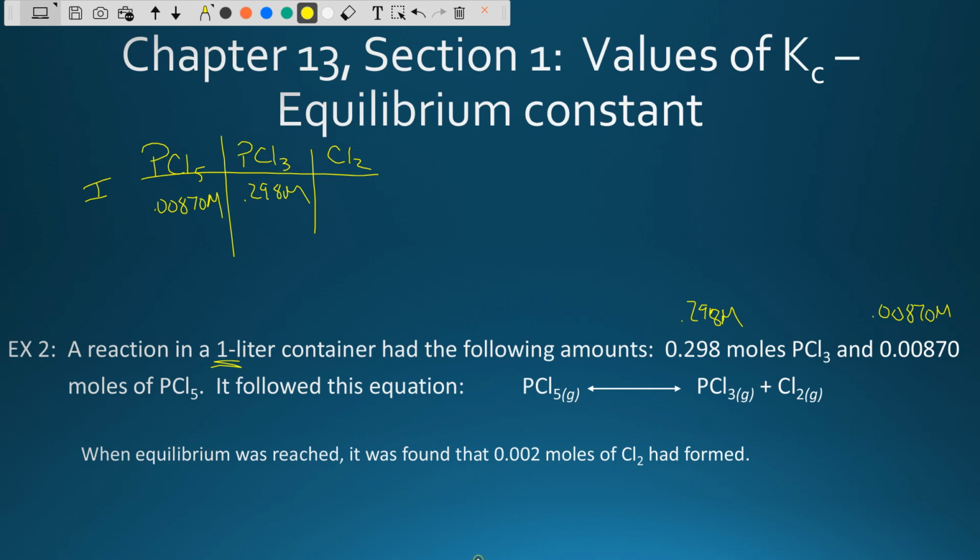Now they said when equilibrium was reached, this much had been formed as well.